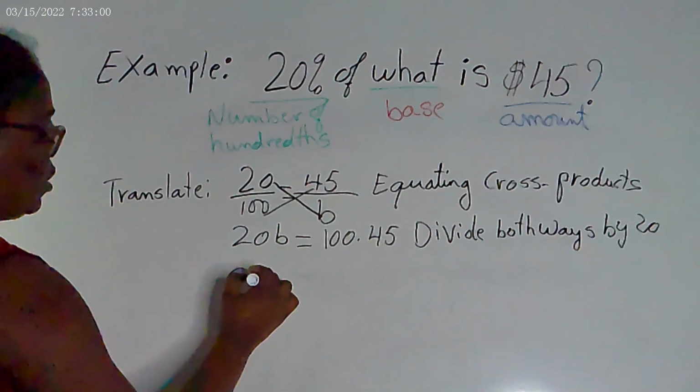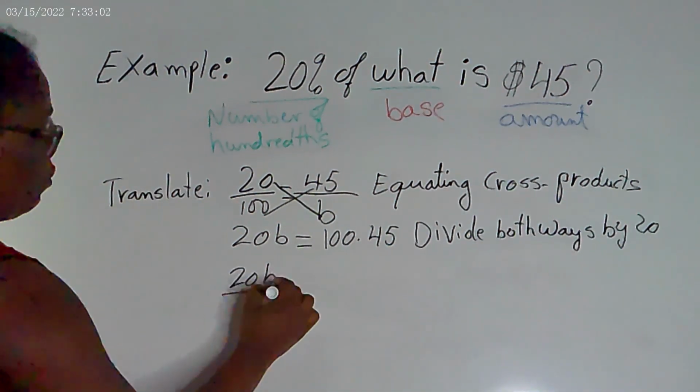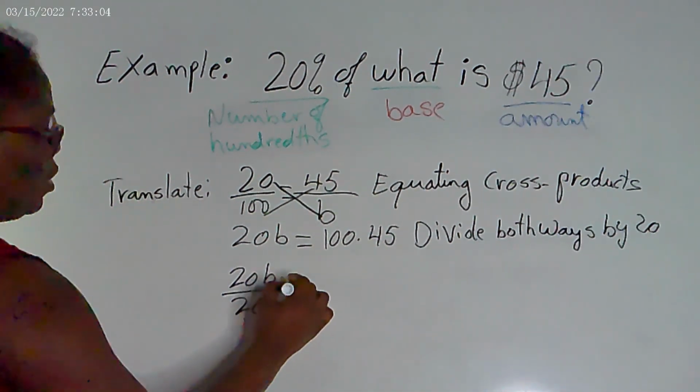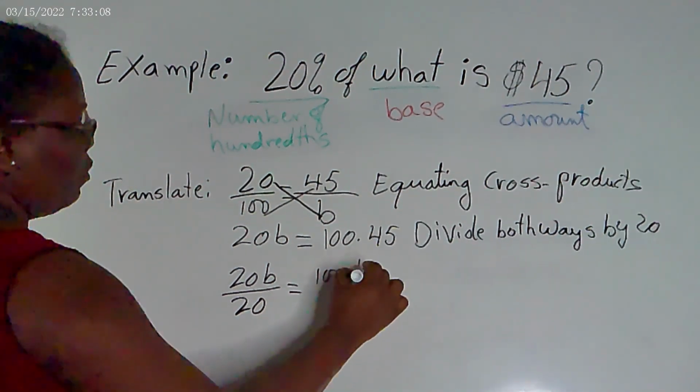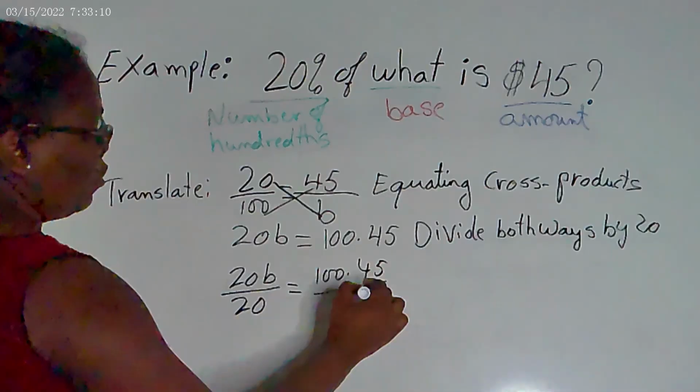So 20B over 20 equal 100 times 45 over 20.